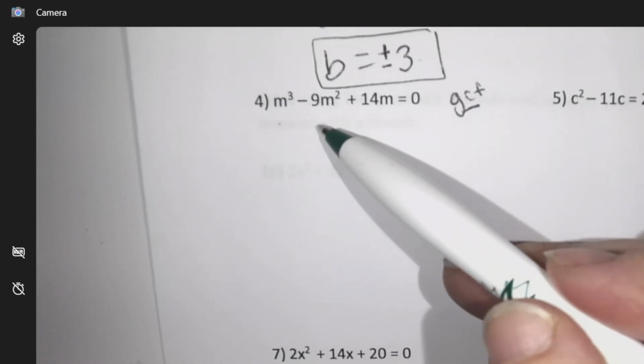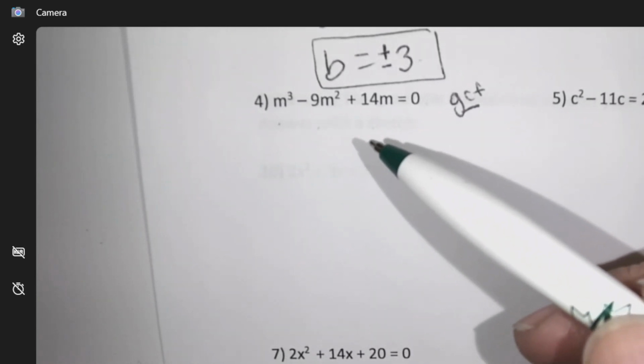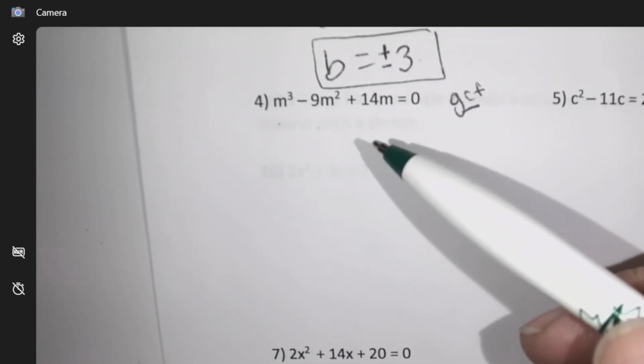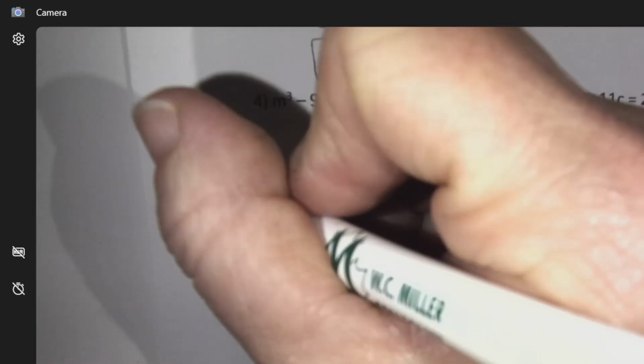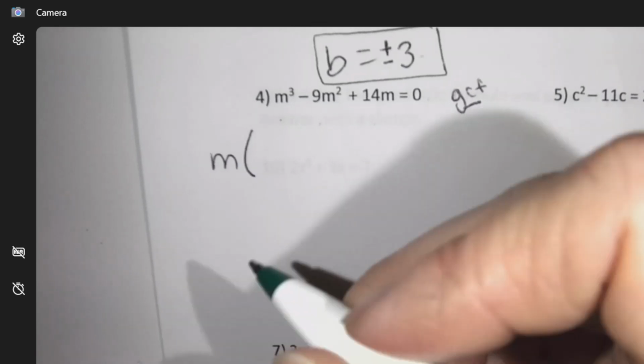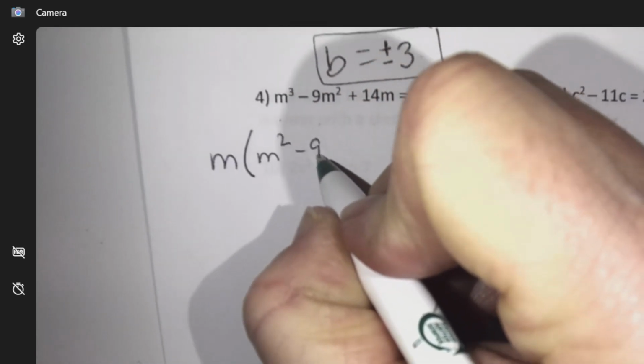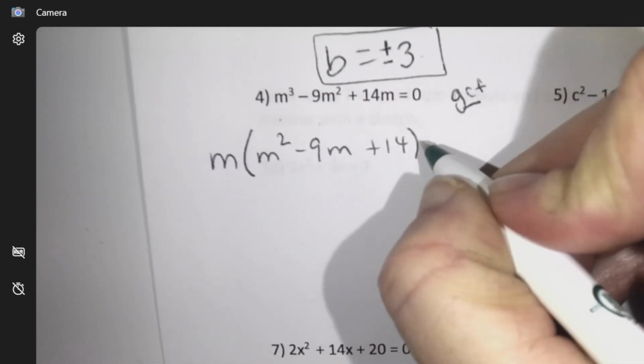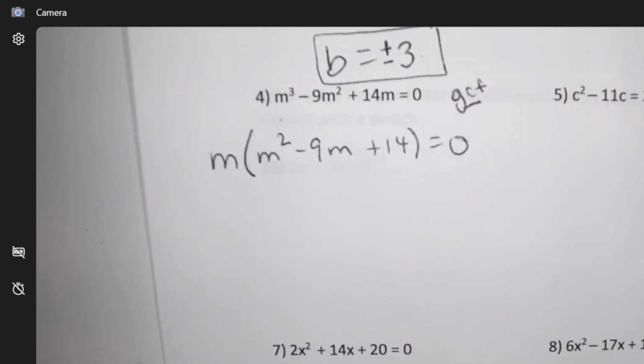So when I look at the three terms, they do all have something in them that I could take out. So M out. M out.